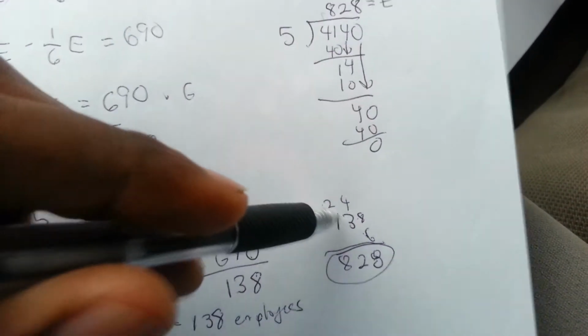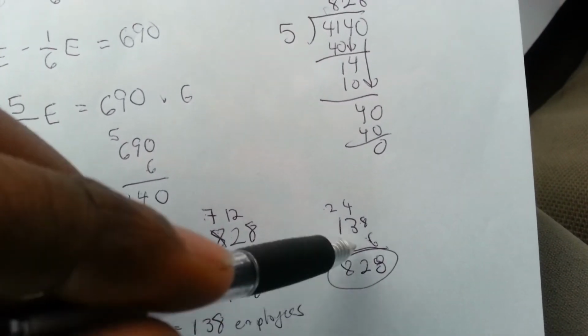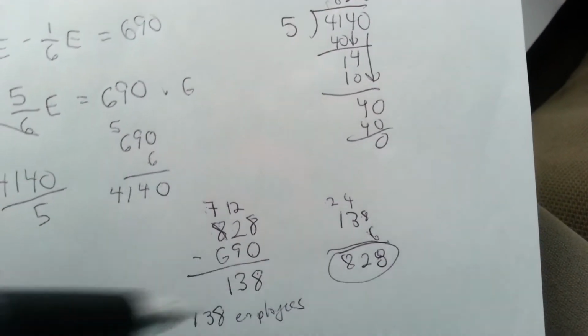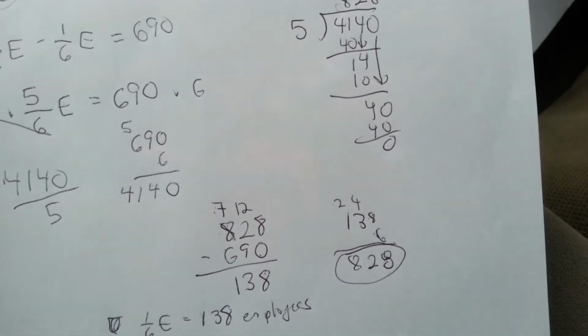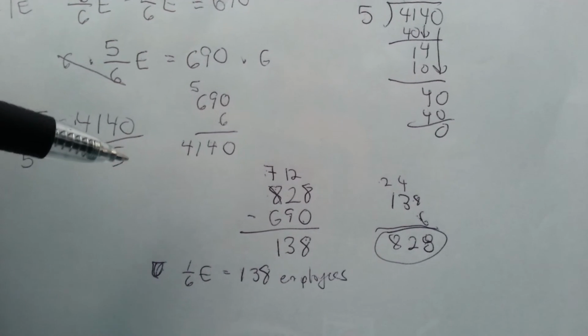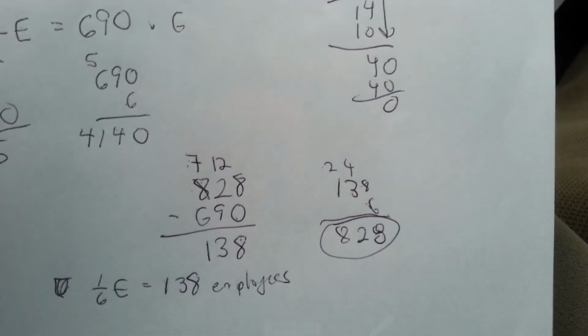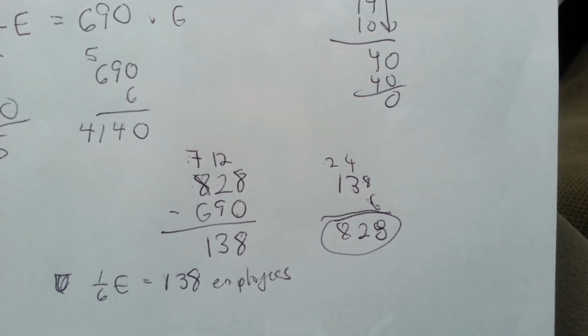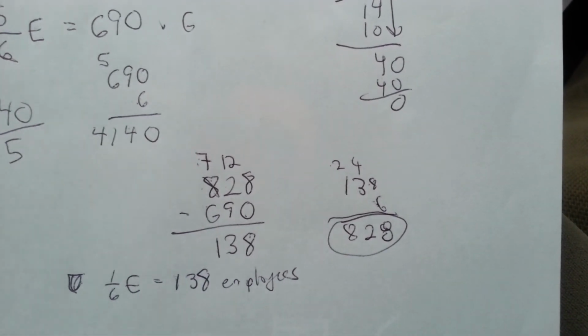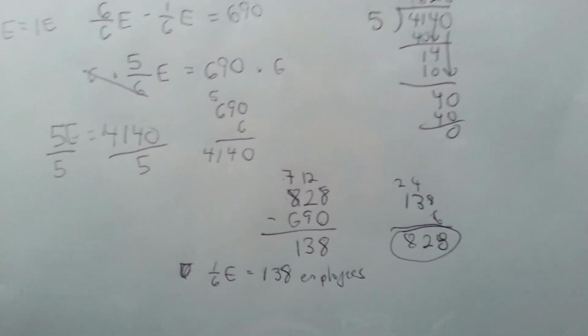So that shows that our 1/6 answer is right, and that our total employees number is right at 828. Therefore, the number of employees before the layoff was 828, and the number of employees that were laid off is 138. All right, thanks for watching.